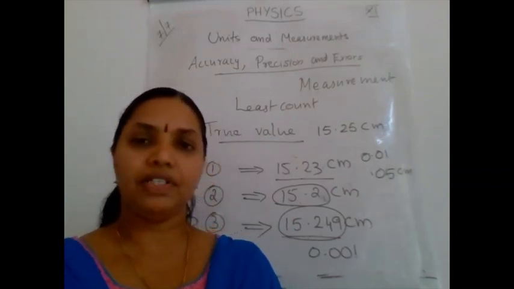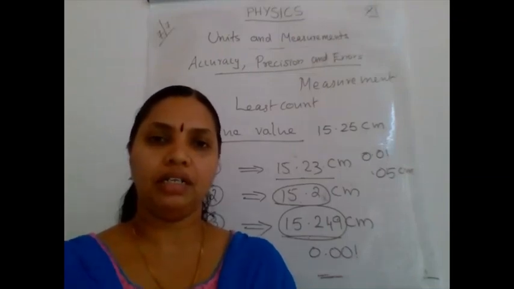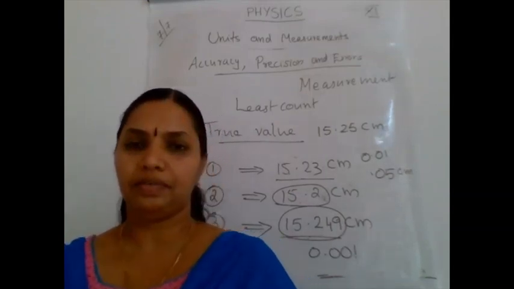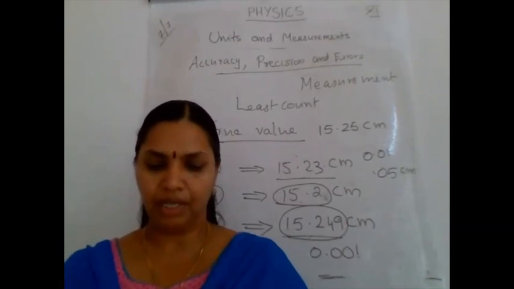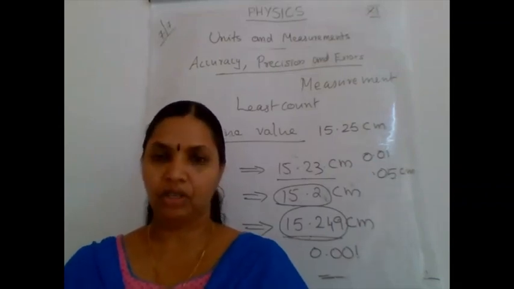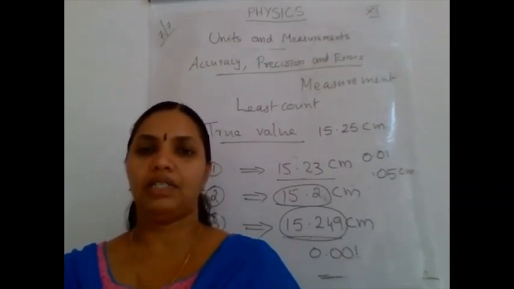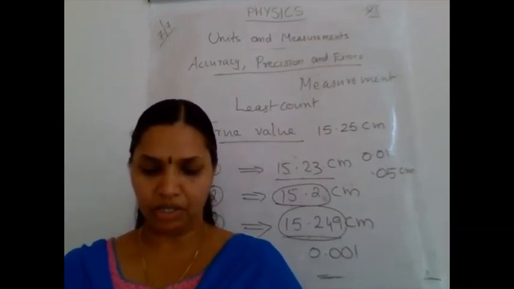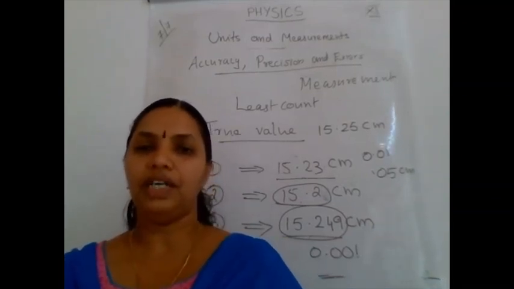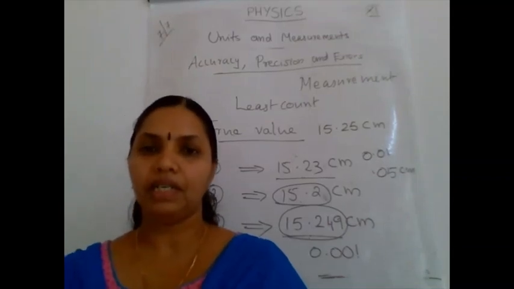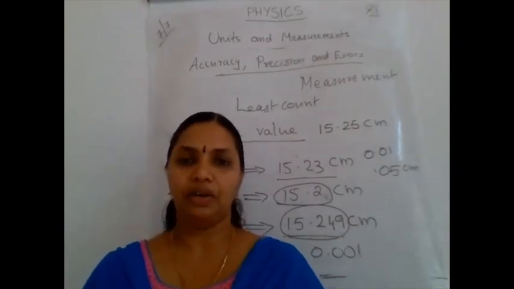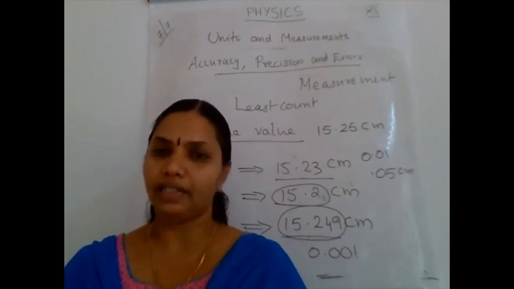It refers to the closeness of a measurement to the true value of the physical quantity. True value means it is the actual value of the quantity.